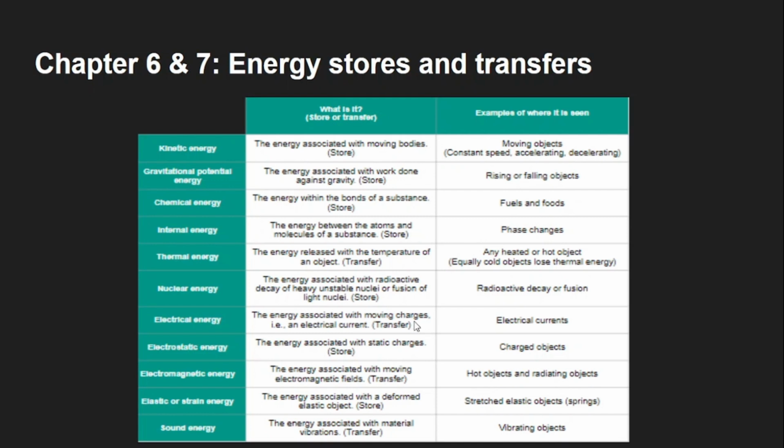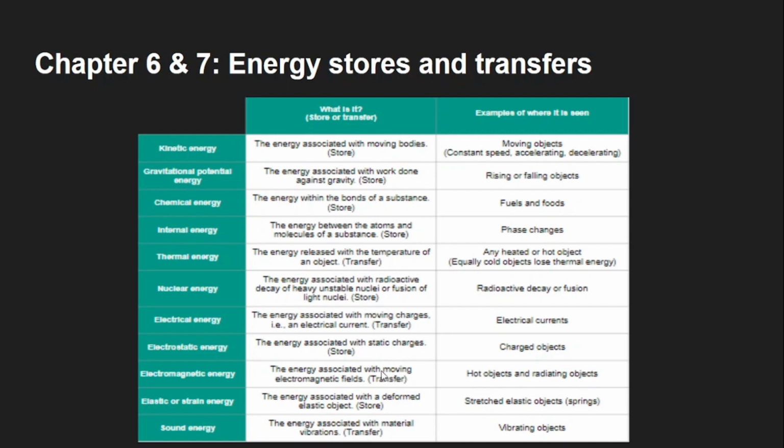So although we start off with what we think of as conventional fuel, ultimately it all ends up as electrical energy. It's a great and very efficient way of transferring energy. In a conventional sense, electrical energy is associated with moving charges, so where there's an electrical current. And that would be the example for that as well.